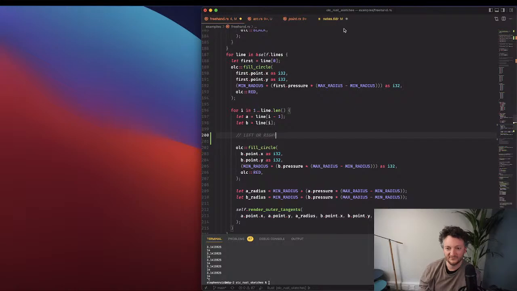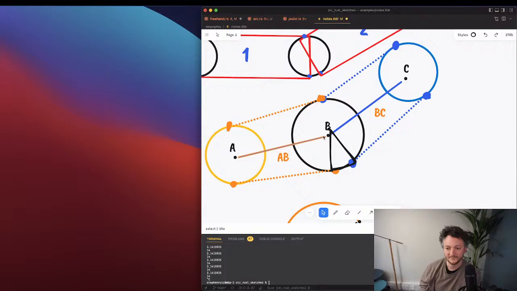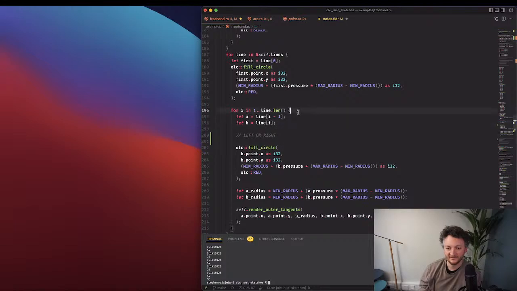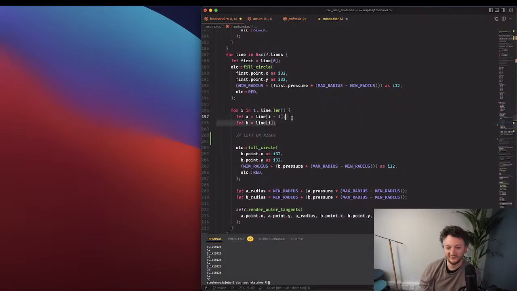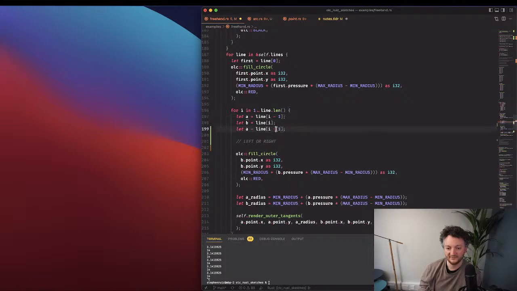The angle between these 2 points. Because A is, basically right now we only have this, so we don't have C yet. Ooh. So maybe we need to also do this. Do we need a C for the next one?